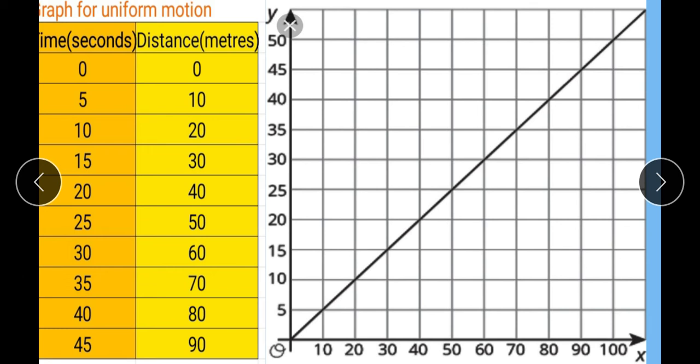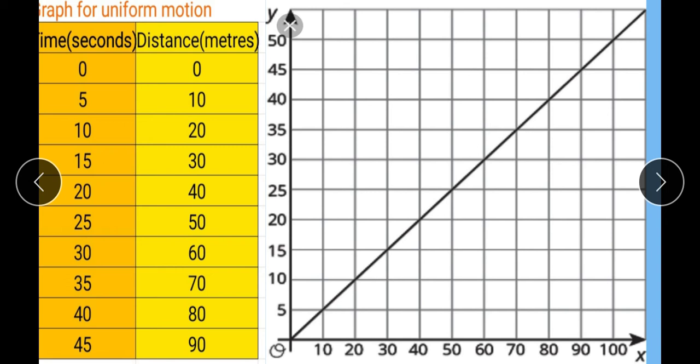Now here is the graph to plot time versus distance for uniform motion. If you observe the time and distance table, on the x-axis there is time and on the y-axis there is distance.